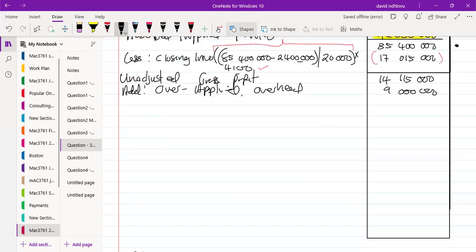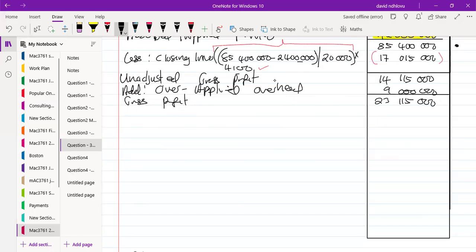Right, then we can get the final gross profit figure here. So what you get here will be the gross profit. So if you say that 14,115,000 plus the 9 million, you are going to sit on a figure of 23,115,000, and that's your gross profit.